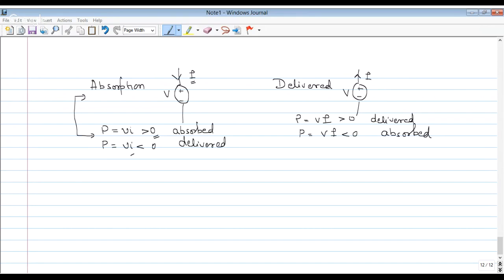Some portion of that total flux acts as mutual flux while some flux goes in air, that is called leakage flux. And the ratio of mutual flux to total flux is called the coupling coefficient. It depends on the physical orientation of the winding.